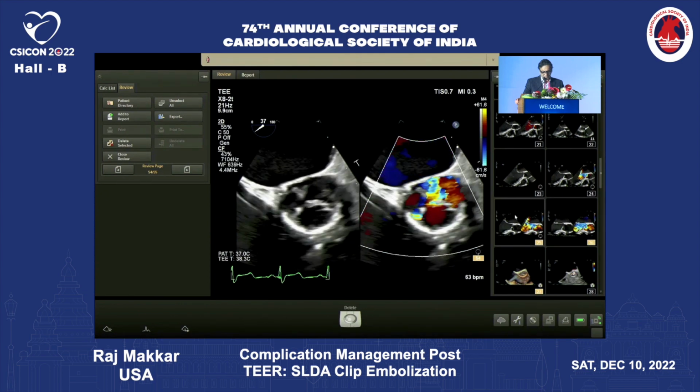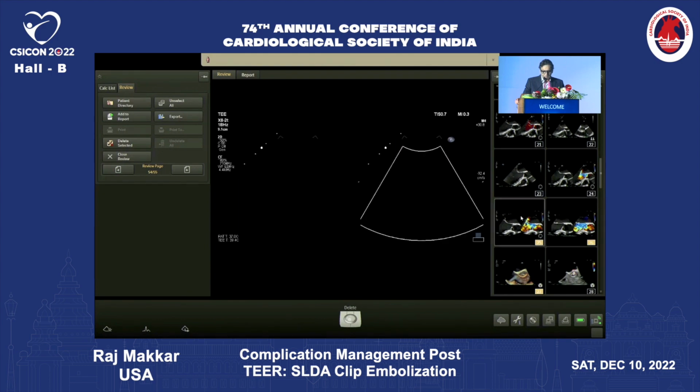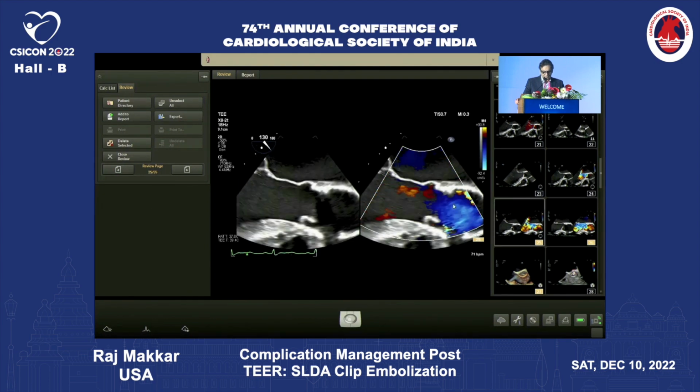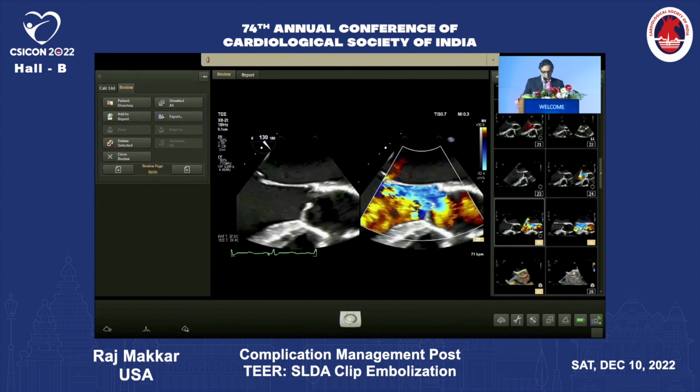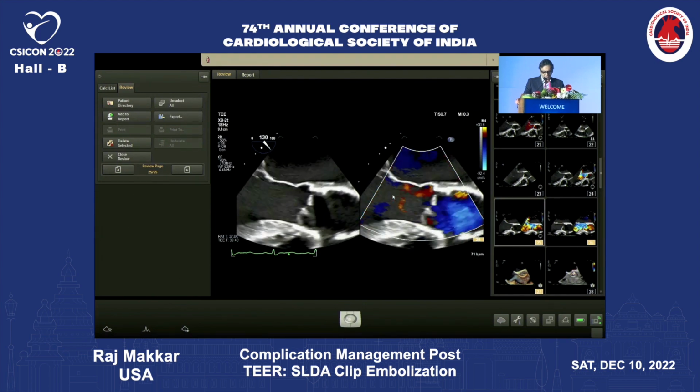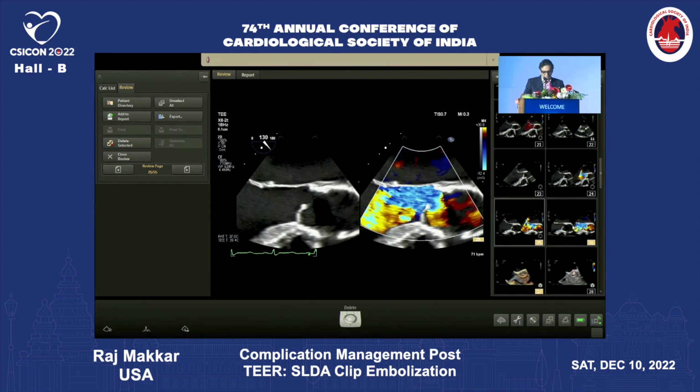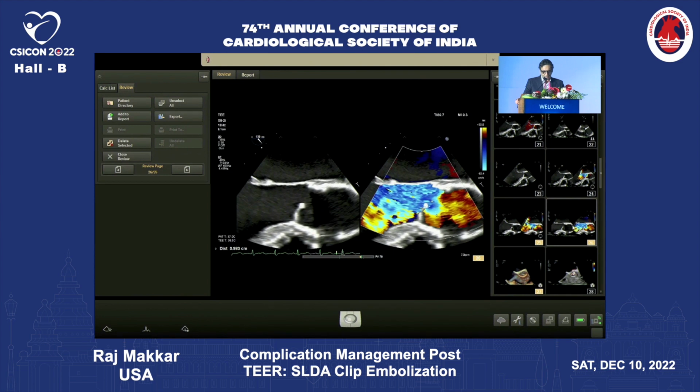So it's pretty wide. And as we go to the long axis of the valve, you could actually appreciate this very eccentric aortic regurgitation jet with a PISA of almost 1 centimeter, which would be more than 0.3. So this is very significant.